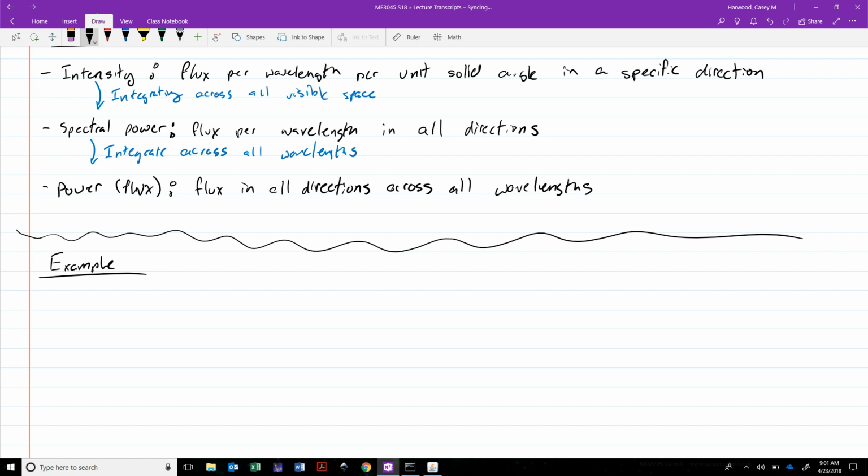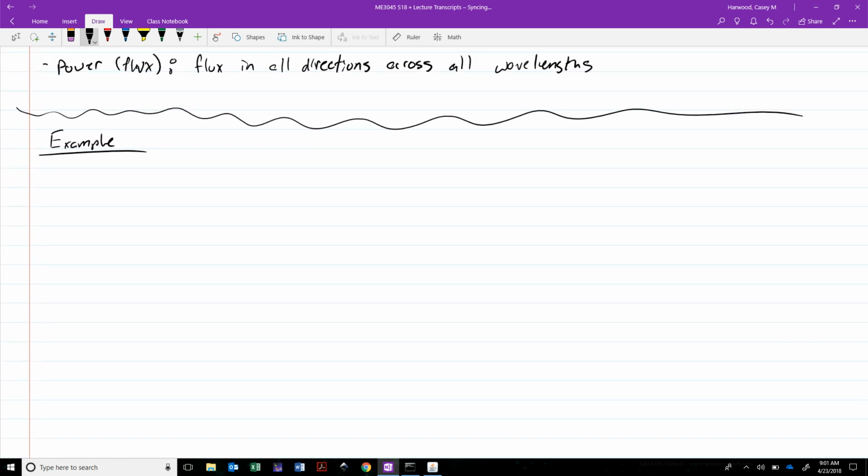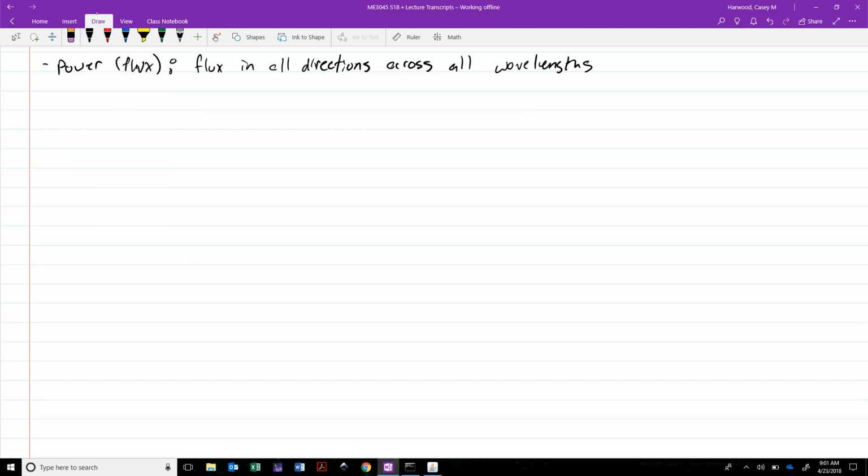So let's imagine we have a diffuse... Oh, I forgot one definition here. Before we do this example, there's this thing we need to define: a diffuse emitter. This is a very easy one, and it's a very helpful one.